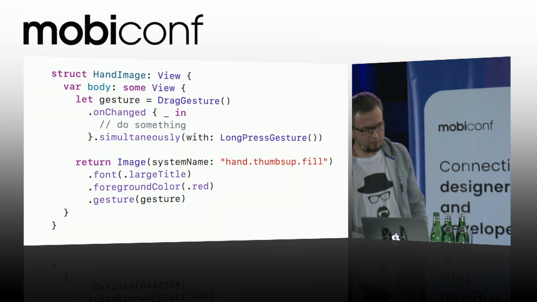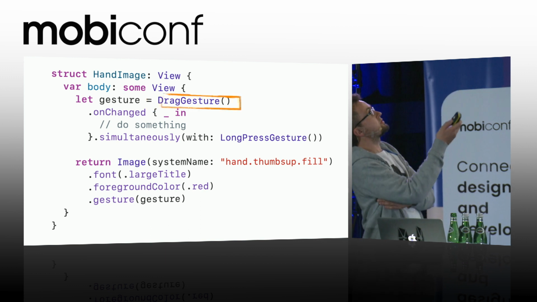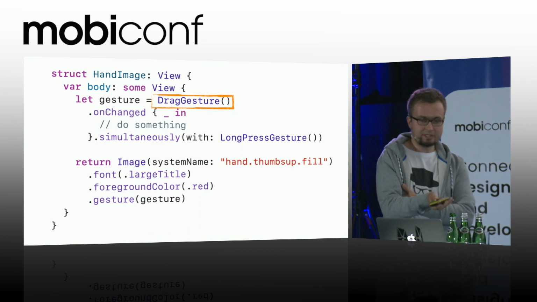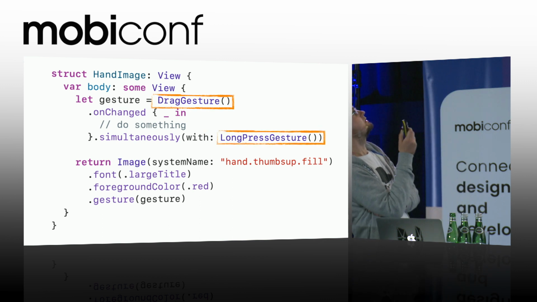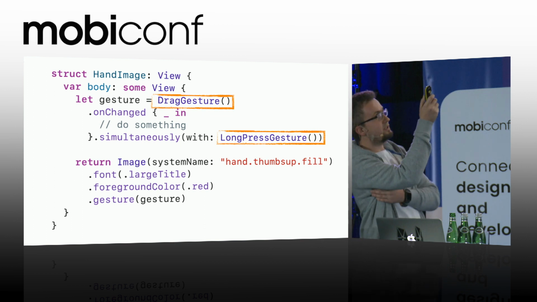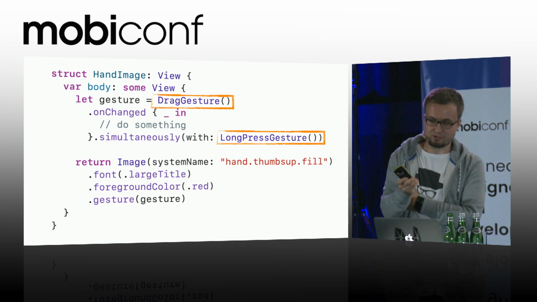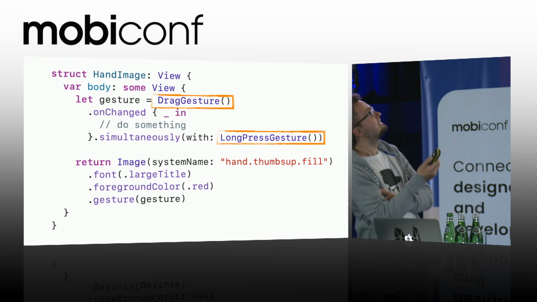Also, we can combine gestures. We can create a drag gesture that is also a view, because everything in SwiftUI is a view, and we can combine this with long press gesture, for example. And we can react to changes in the drag gesture, but it should be long press at the same time. Honestly, I don't know how to trigger this gesture using my fingers, but I just came up with this example.